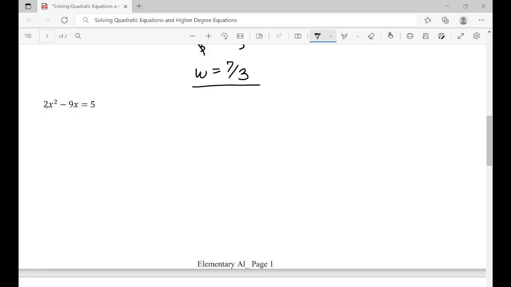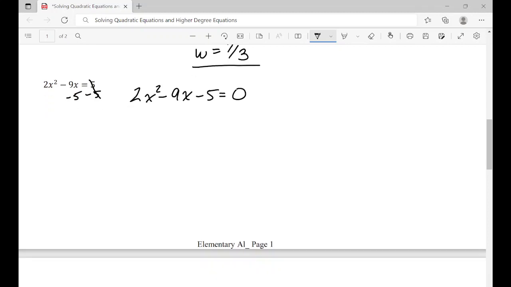Here we have 2x squared minus 9x equals 5, but it's not set equal to 0. So what I'm going to do is take 5 and subtract it from the other side so I can get it equal to 0. So I'm going to end up with 2x squared minus 9x minus 5 equals 0.